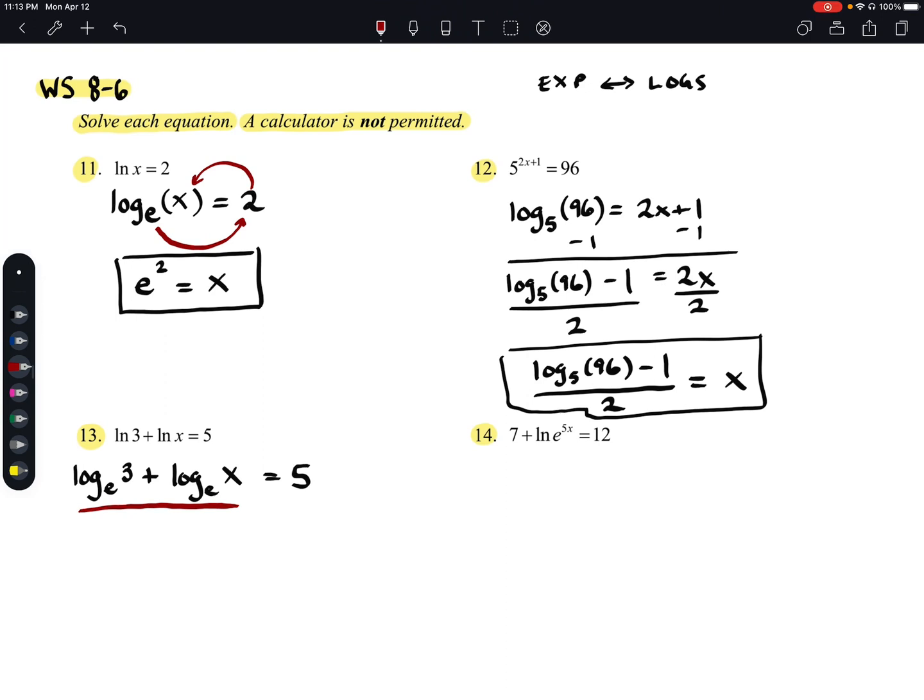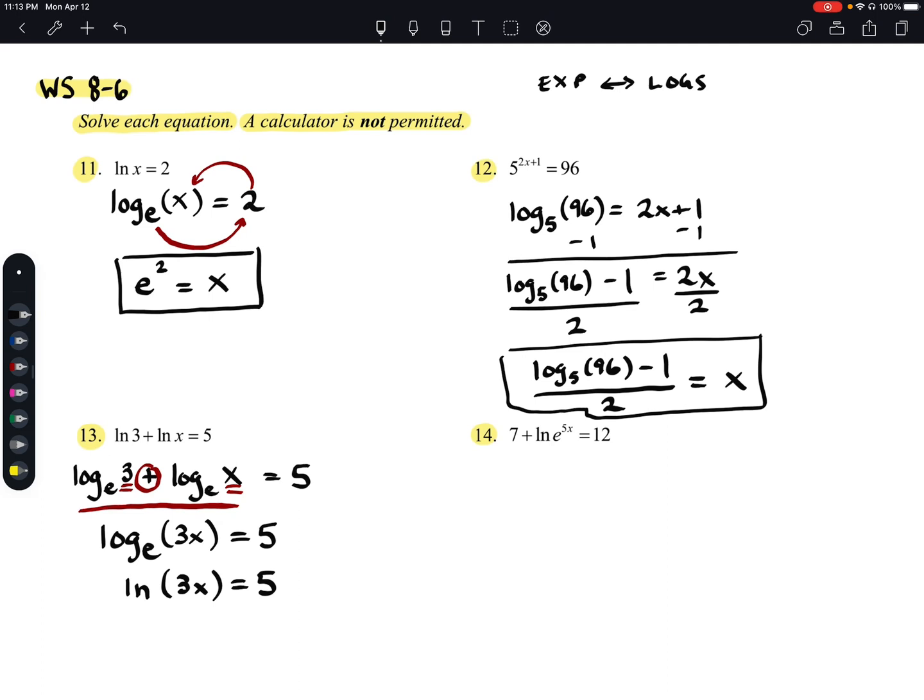So we want to combine these two together because they have the same base. When you add two logs together, remember we multiply their values. So this would be like saying log base e of 3 times x equals 5. Or you may still just be comfortable with the natural log of 3x is equal to 5.